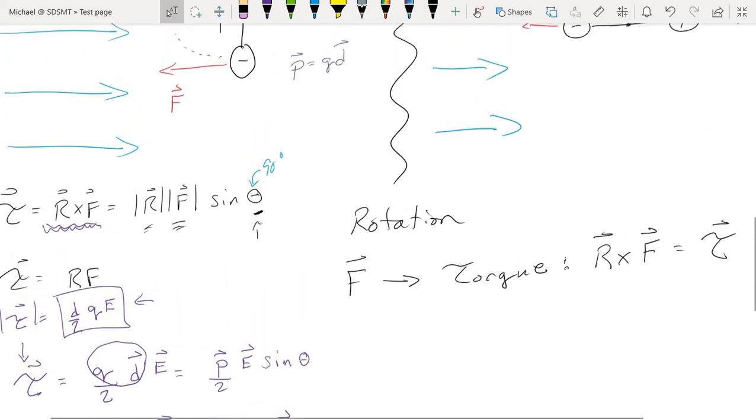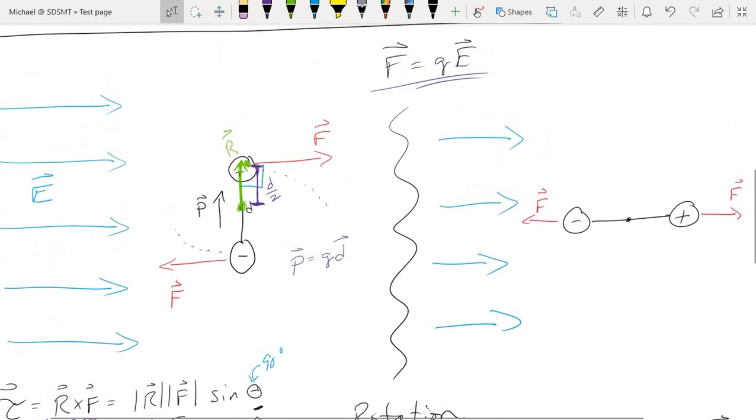Now, keep in mind that everything that we've discussed so far has only pertained to that positive charge on the top. Well, what's happening with this negative charge down here? That negative charge is also at a radial distance of d over 2.